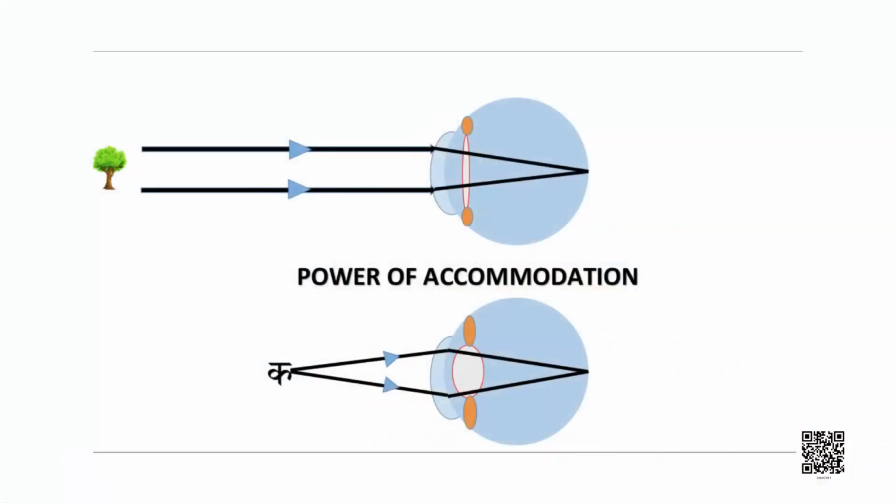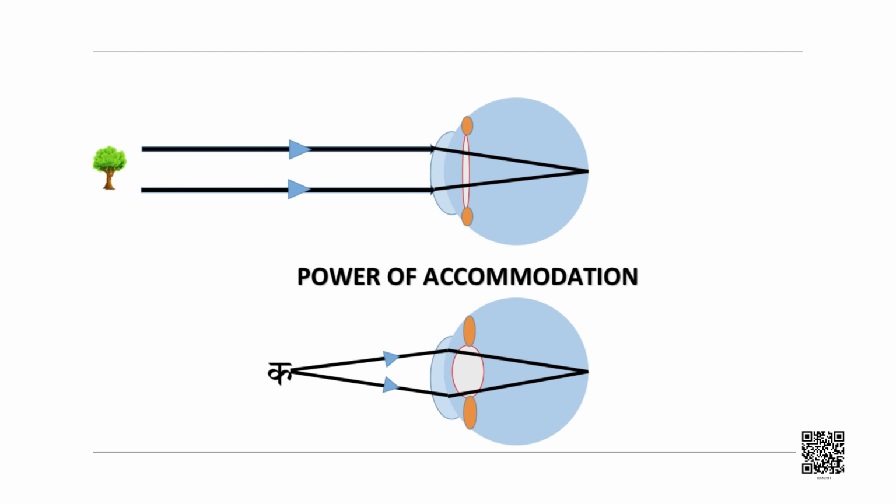The change in curvature of the eye lens actually changes its focal length. So, when the ciliary muscles are completely relaxed, the lens becomes thin and the focal length increases. This enables us to see distant objects clearly. And when you are trying to read a book, the ciliary muscles get tensed.